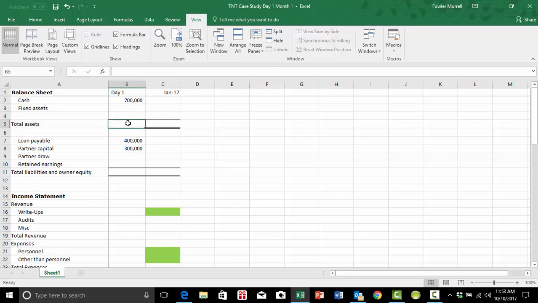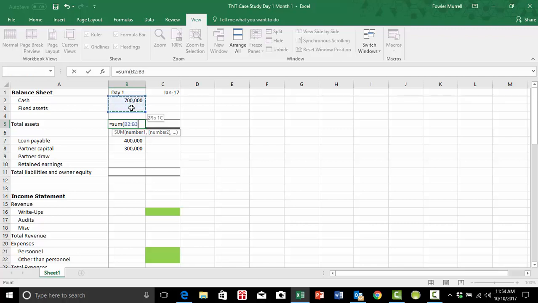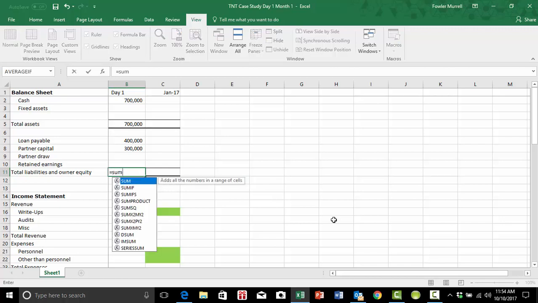So our sum for assets is the sum of our assets: cash plus fixed assets plus whatever might go there. Our assets equal 700,000, and for our liabilities and owner's equity, we do a sum there. We have no partner draw yet and no retained earnings, so that will also equal this summation.